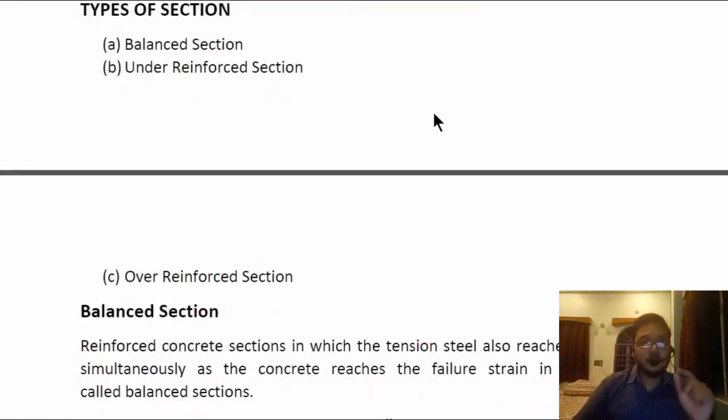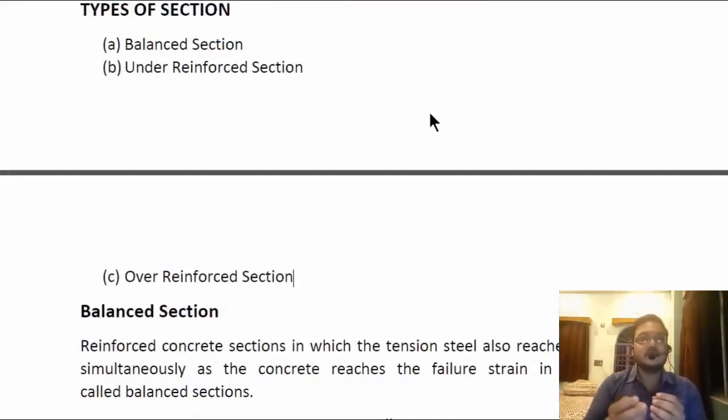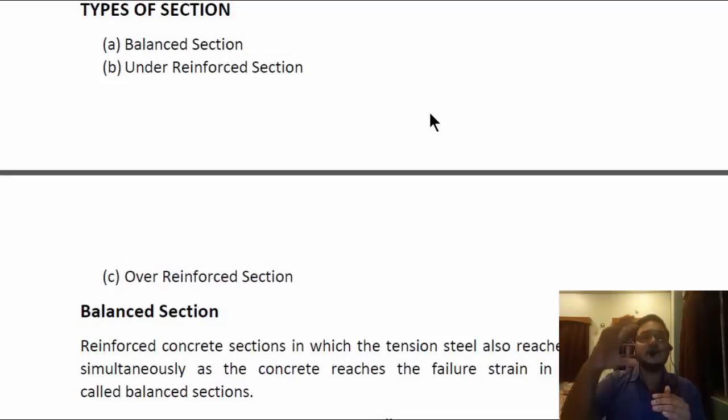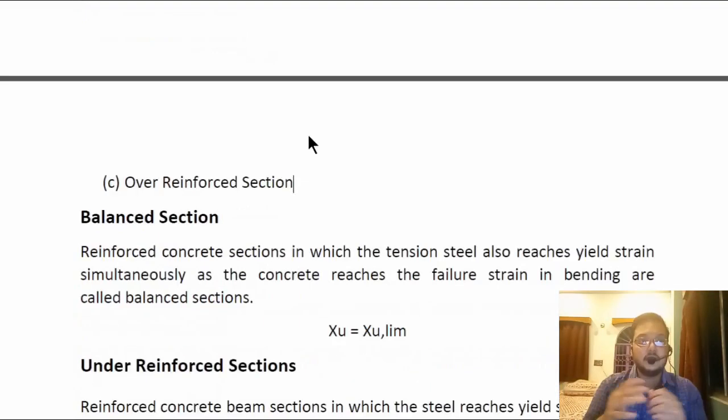But for the under reinforced section, the steel that is there is somehow outnumbered as compared to the amount of concrete, or you can say that the reinforced cement concrete section will have a tensile force lesser than the compressive force that is acting over it.